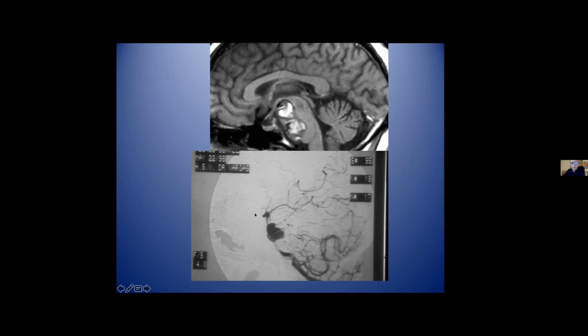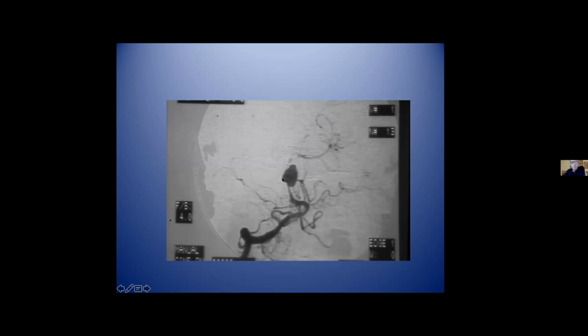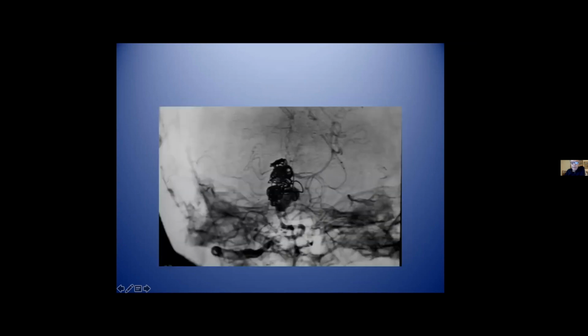I treated at the beginning with coiling, but more than 3 times the aneurysm regrew. When the aneurysm regrows in the basilar artery, the problem is the mass effect, not only the rupture, is the mass effect.